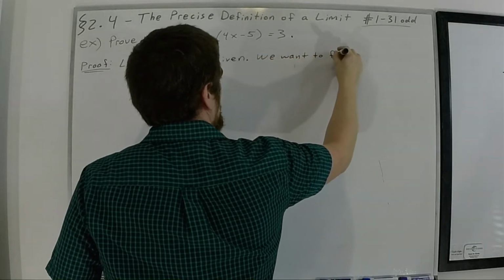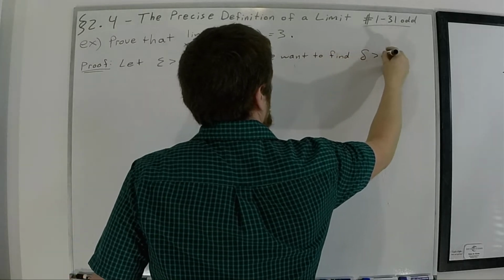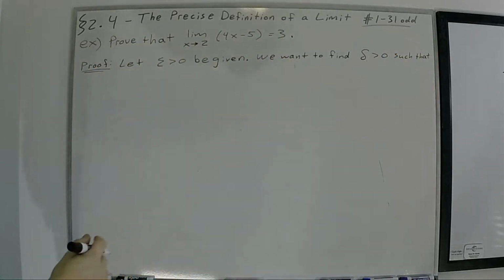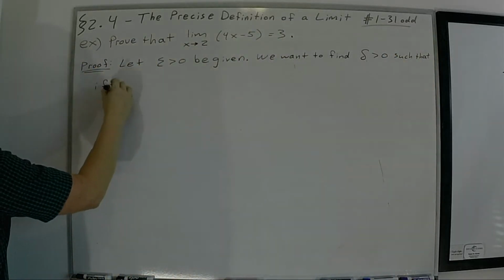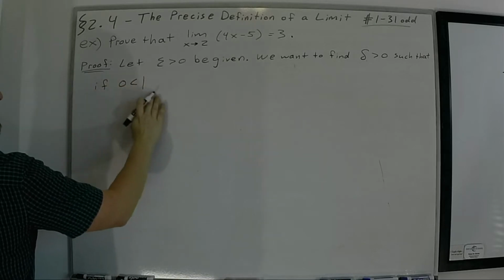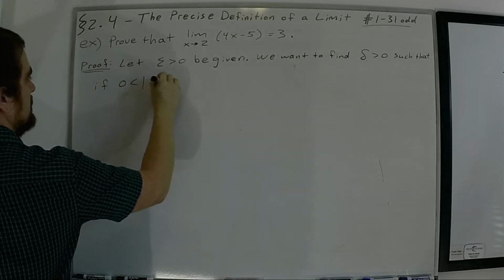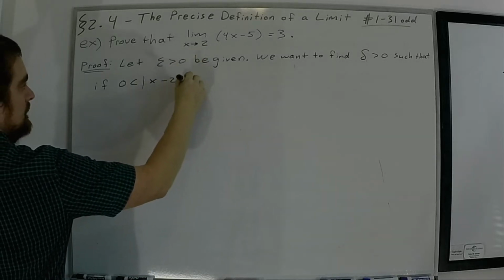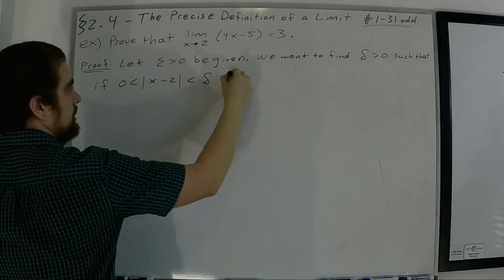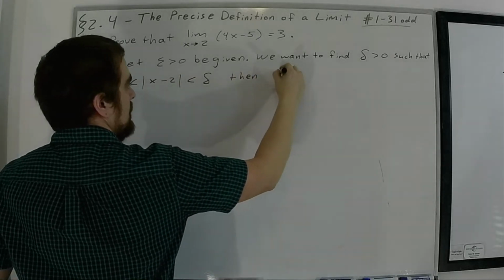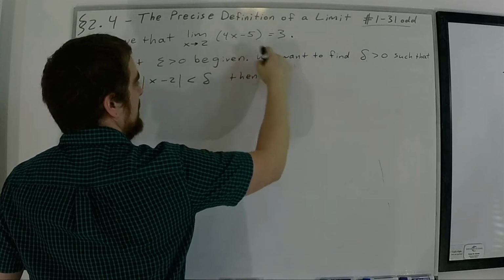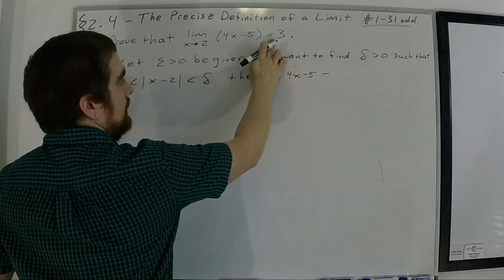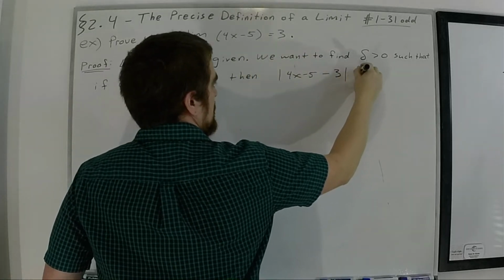We want to find delta positive such that, and we'll go back and look at the definition, if 0 is less than the absolute value of x minus 2, there's my a, in this case it's 2, is less than delta, then the absolute value of f of x, which in this case is 4x minus 5, minus L, in this case is 3, is less than epsilon.